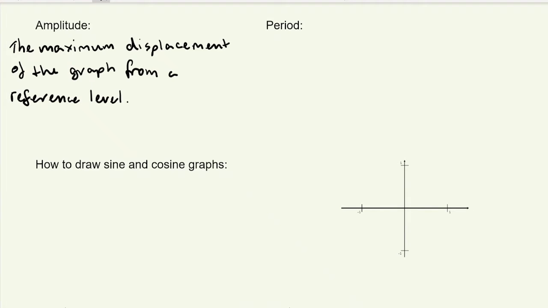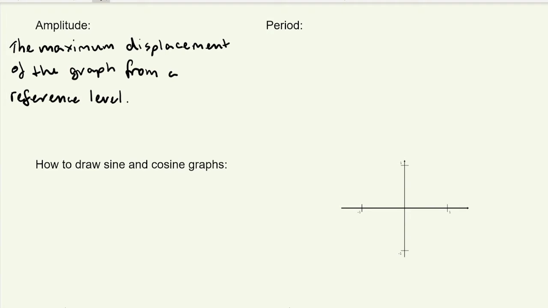Okay, and that is usually the x-axis. It talks about how high the wave goes away from the x-axis and how low it goes away from the x-axis. So it's the height or the depth of the wave. Okay, that's the amplitude, the height or depth of the wave.